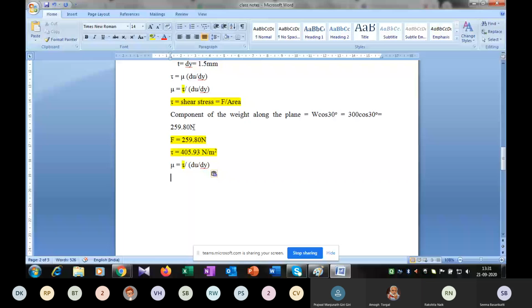Ma'am, the tau value is 1623. I am asking the mu value, the dynamic viscosity mu. How much is it? 2029.65.